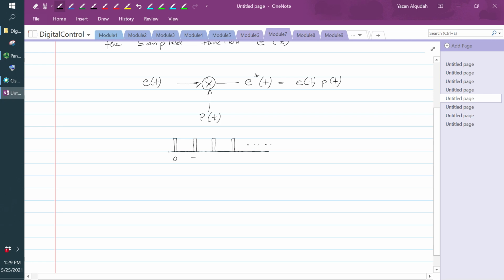This one happens at t, 2t, 3t, etc. This is my P of t. Now this rectangle that I plotted here has a width that is equal to 1 over gamma, and it has a magnitude that is gamma.